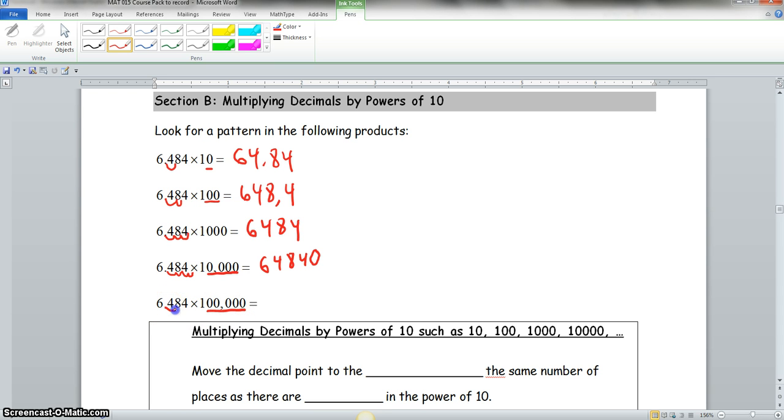We'll move this 5 places, and we'll put in zeros to cover the places that we didn't have numbers for. Now it says here, move the decimal point to the right the same number of places as there are zeros in the power of 10. Okay, now we're going to move down to the next problem.